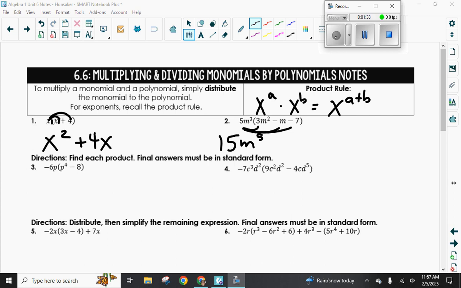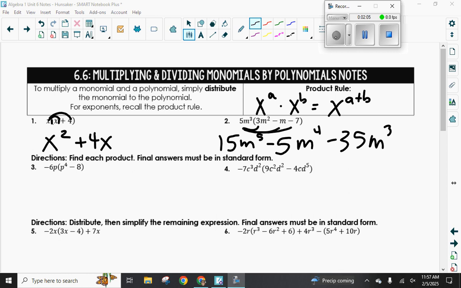Okay, then 5, and there's a negative 1 in front of there technically because it's a minus. So 5 times negative 1 is negative 5. And then what is m to the third times m? M to the fourth. Perfect. And then last but not least, 5 times negative 7 is negative 35. And then I don't have anything to multiply the m to the third with, so I'll just bring it along.